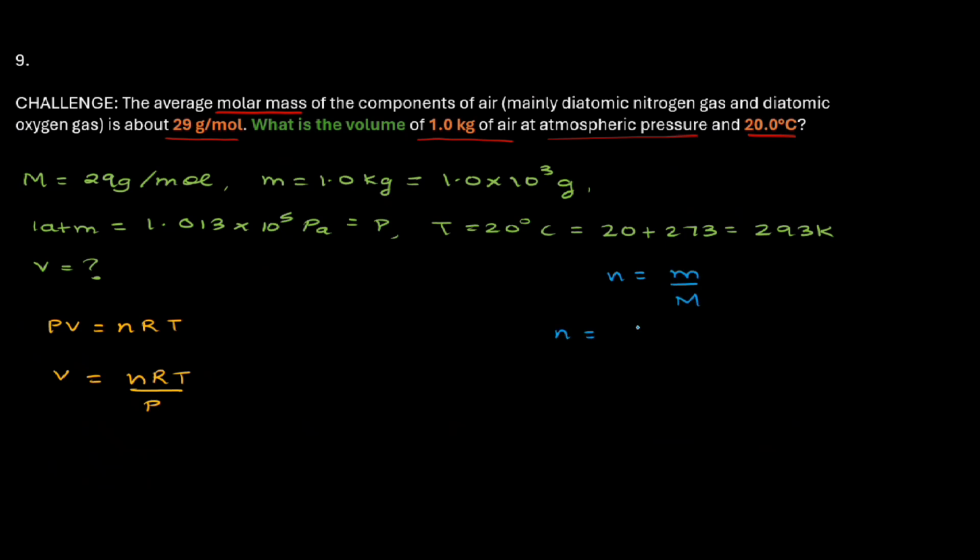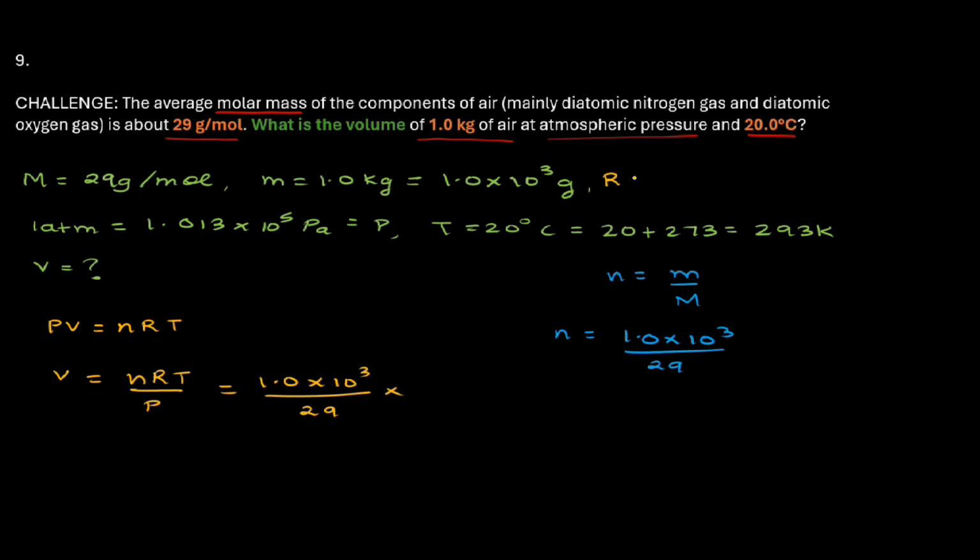So we substitute mass of the gas is 1 kilogram, which is 1 times 10 to the power 3 gram, over the molar mass, which is 29 gram per mole. I will use this value of n and substitute here for the volume V. So we get n is 1 times 10 to the power 3 over 29.